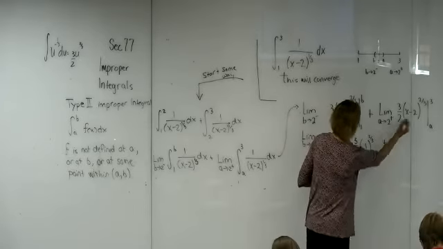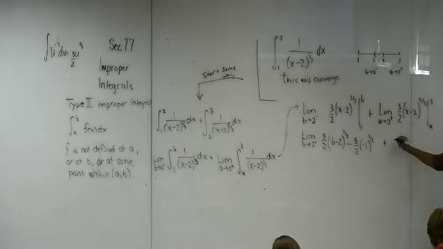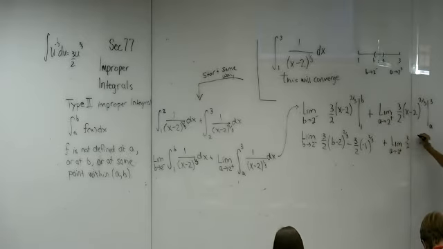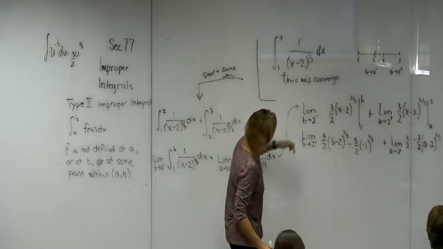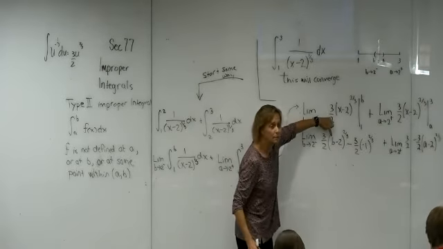But then let me go ahead and do the next part. So we have a 3/2, 3 minus 2 is 1. So I'm not going to write that. And then a minus 2 to the 2/3. Okay, so this limit does exist.